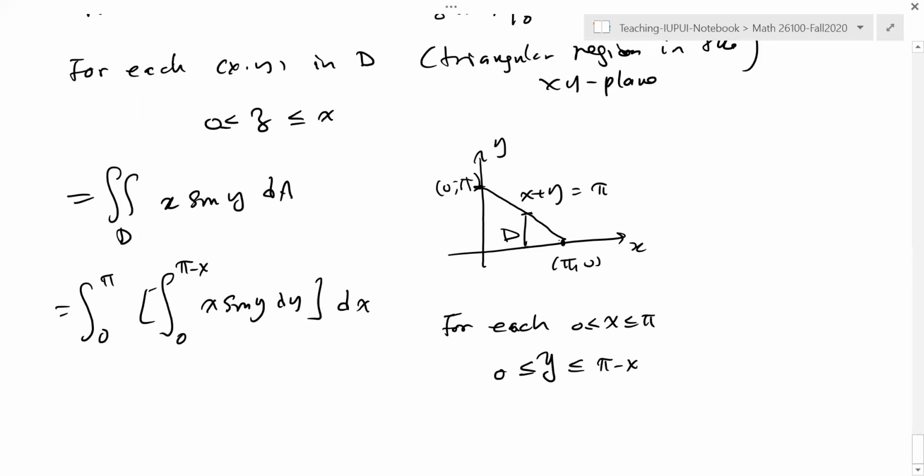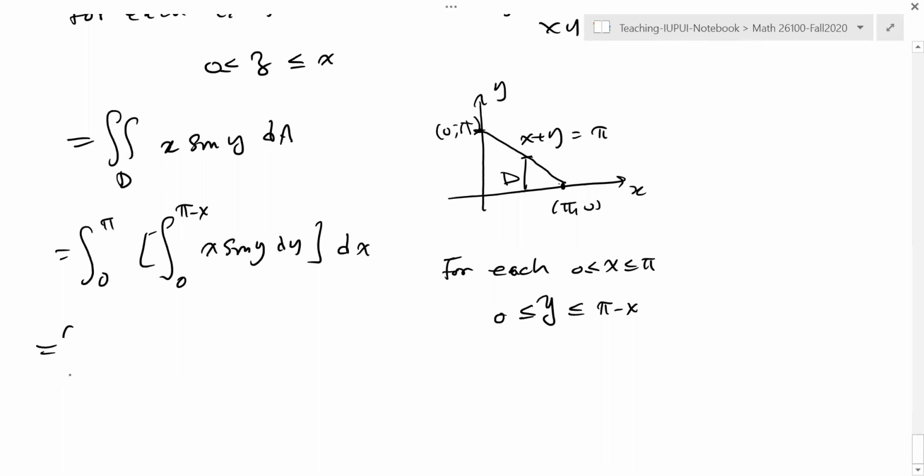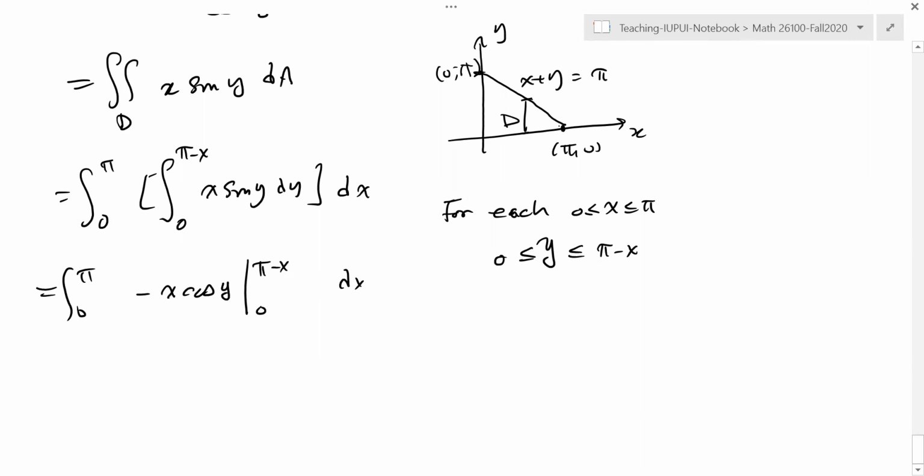And you can evaluate this. It's actually negative x cosine y, evaluated at the two endpoints. So I will get negative x cosine of pi minus x, and then minus negative cosine 0. Cosine 0 is 1.